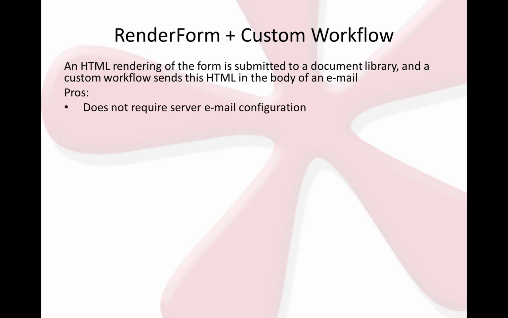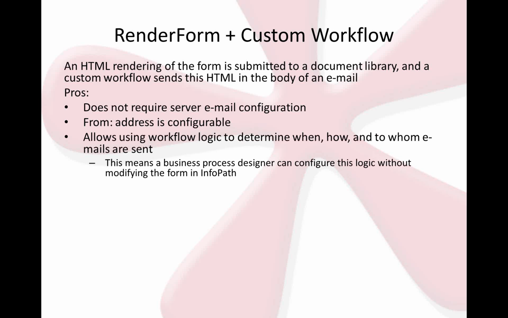So a few nice things here: it does not require a server email configuration. The from address is configurable. You can either use a field from the form, a lookup field, or any constant value you want. It also allows setting up workflow logic to determine when, how, and to whom these emails are sent.